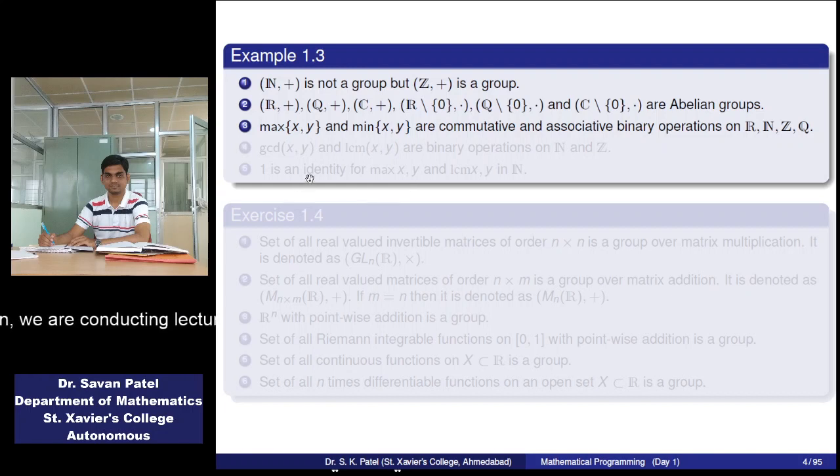For N, the identity for maximum is 1, but there does not exist an inverse. And for the others, again, there does not exist an identity element.